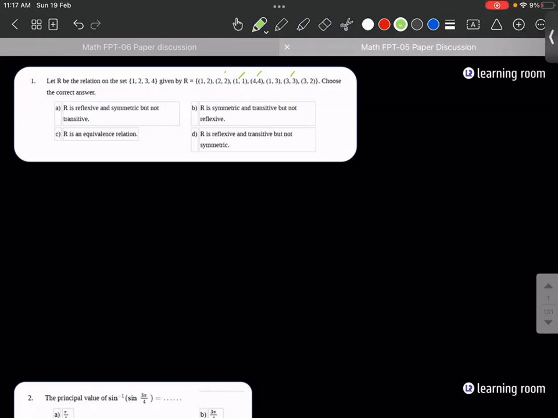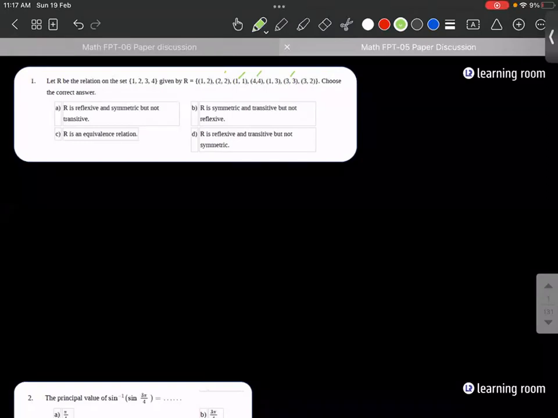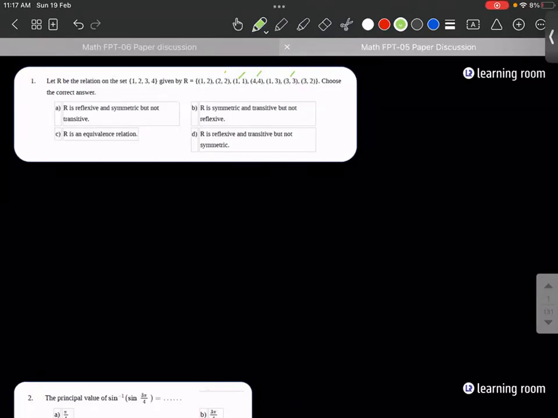Sir, how did you prove that it is symmetric and wrote it as equivalent? Sir, I thought since there is 1, 1, 2, 2, and 3, 3, 4, 4, I assumed it equivalent, sir. Okay. You need to check others also. You need to check the symmetric one. 1, 2 is there, but 2, 1 is not there. 1, 3 is there, but 3, 1 is not there. So it is not symmetric.